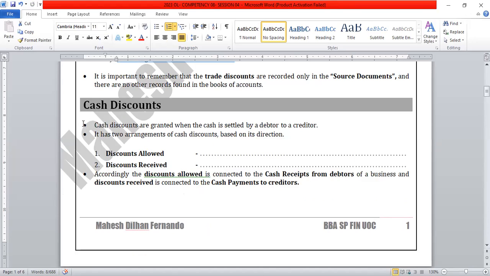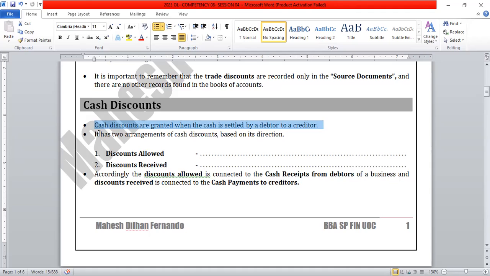Cash discounts are granted when the cash is settled by a debtor to a creditor. Cash discount is given by whom? By a creditor. And to whom is it given? To a debtor. Are we clear?